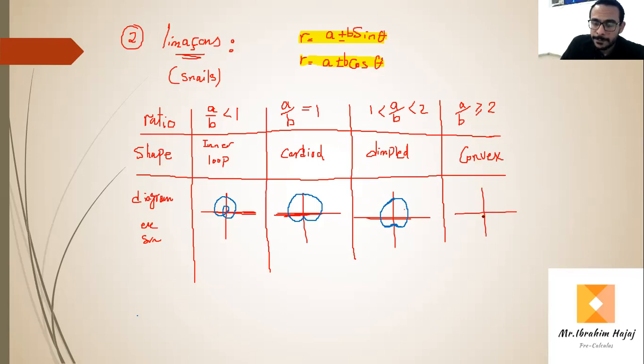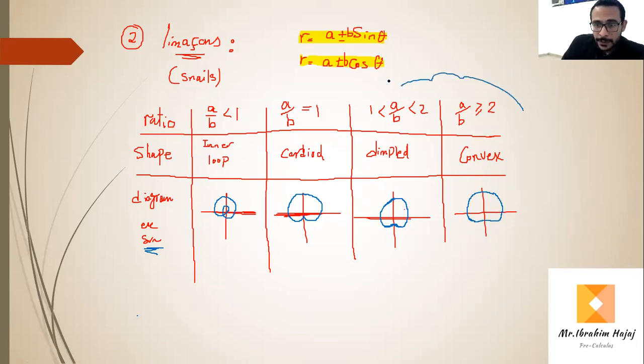What's the shape of convex? It's a circle, but one part of the circle is going in here like this. For sine, working on the y-axis only, it's like this, but not exactly a circle.